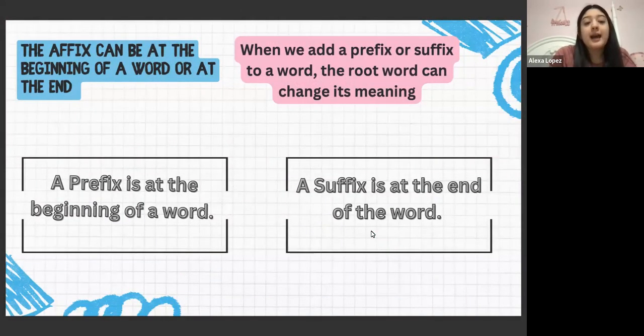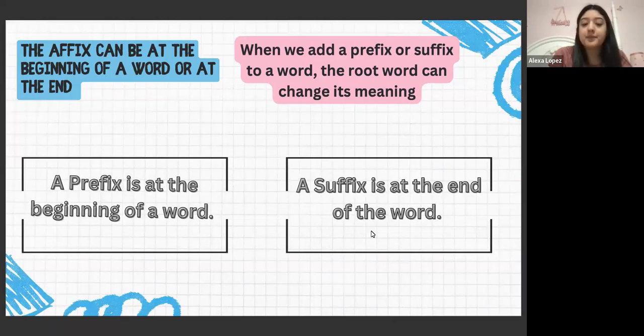So to begin, the affix can be at the beginning of the word or at the end. When we add a prefix or suffix to a word, the root word can change its meaning, which means a prefix is at the beginning of the word.